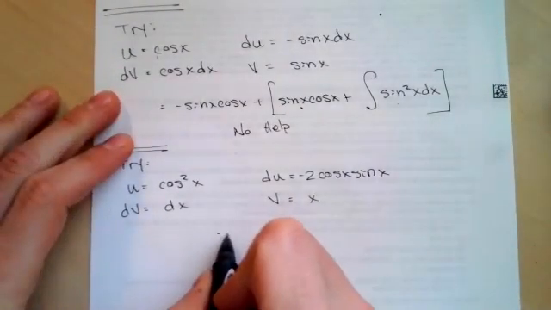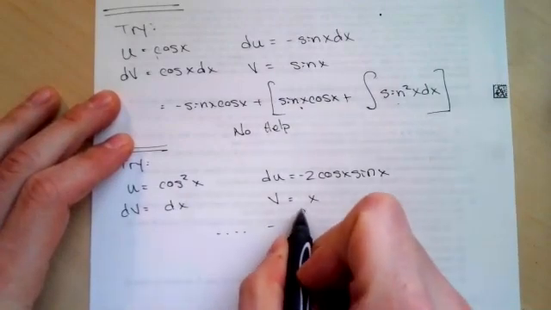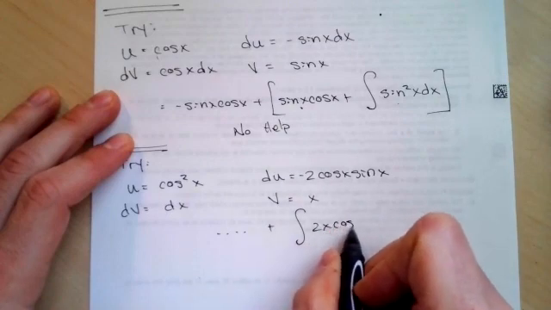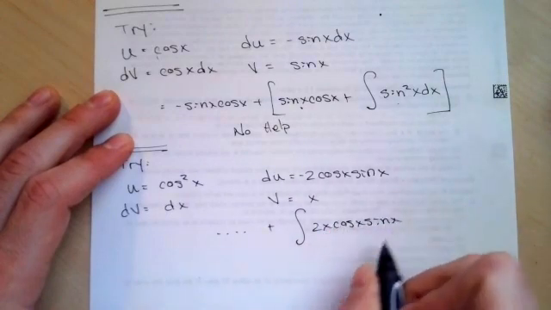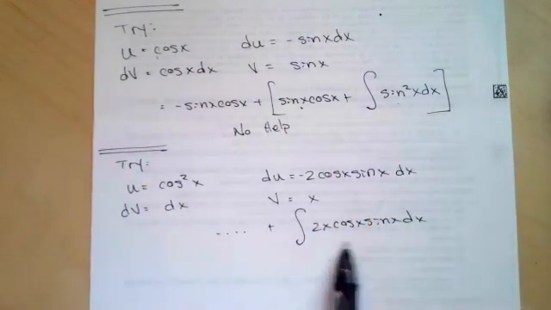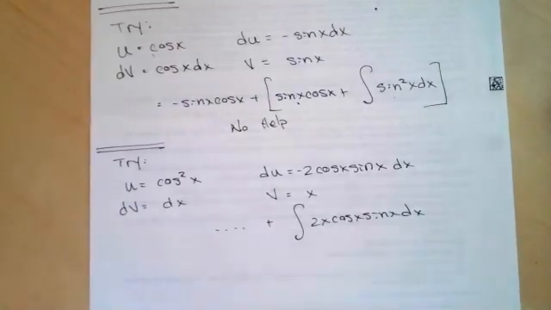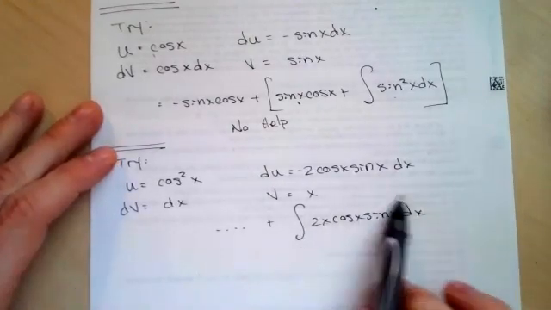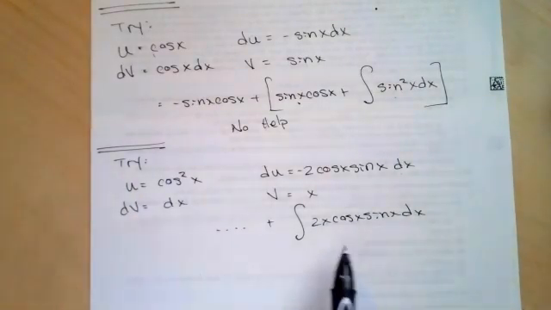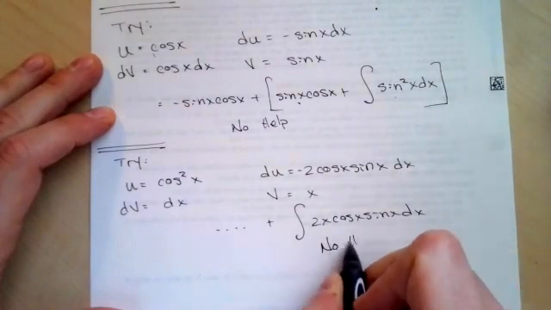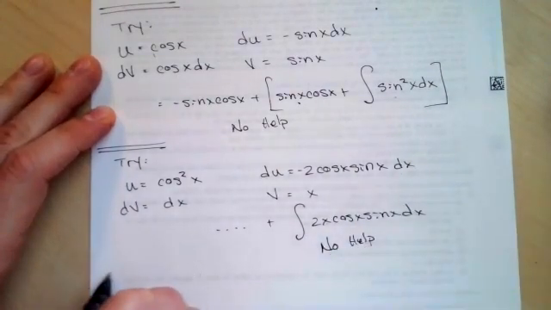And so now we're going to get something like the integral of v du, which is now 2x cosine x sine x. And is this an easy integral to do? No, right? Now we have not only trig, but we also have polynomials in there. So that would require another integration by parts, and then you might end up going in circles and going backwards again. So again, no help.